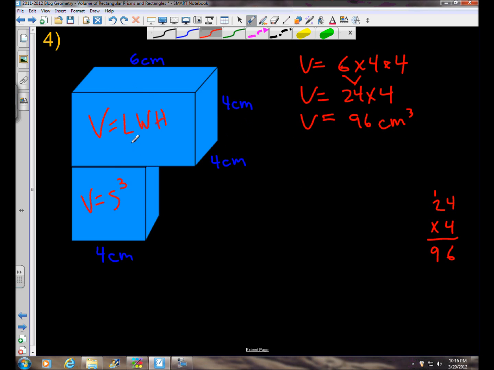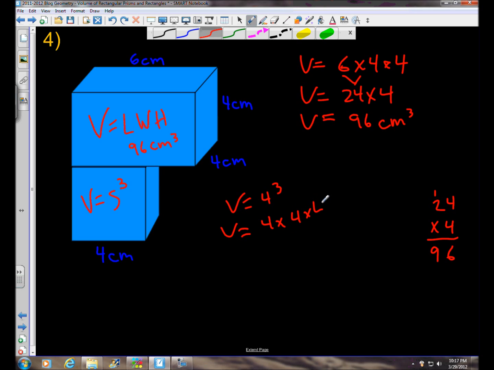So now we know that this is 96 centimeters cubed, and this volume would be volume equals side cubed. Our side measure would be 4 centimeters. I mean cubed, I should have said cubed. So excuse me there. Alright, so volume equals 4 times 4 times 4.